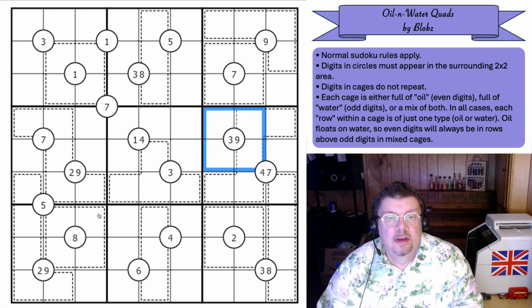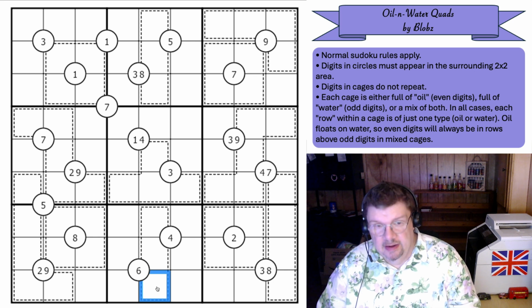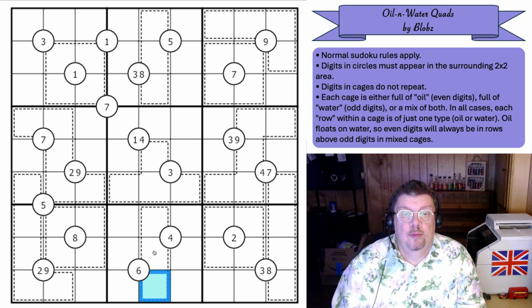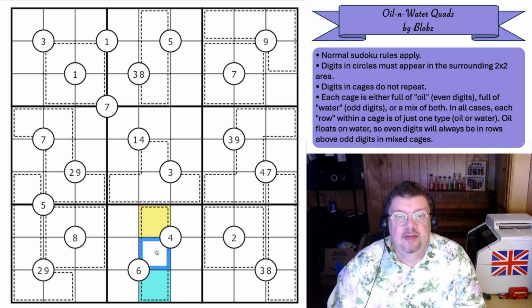So we could say have those 3 being all oil and all even digits. They could be all water, but if it's mixed, then that one would have to be water, this one would have to be oil and even, and then this one could be either one.